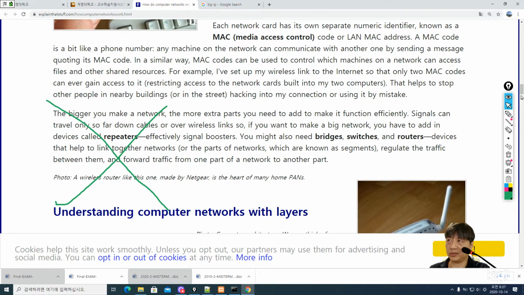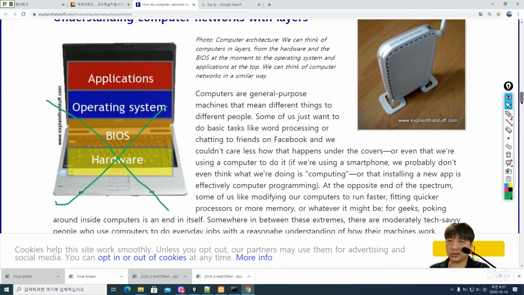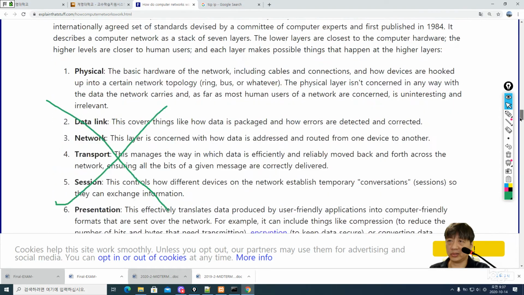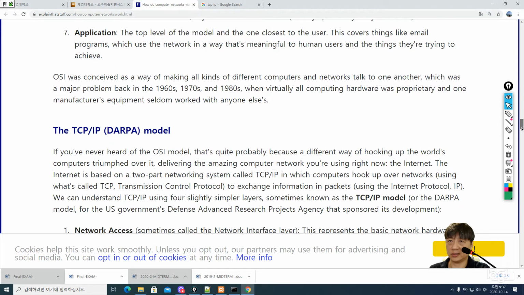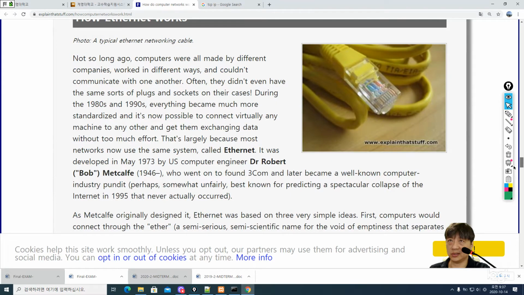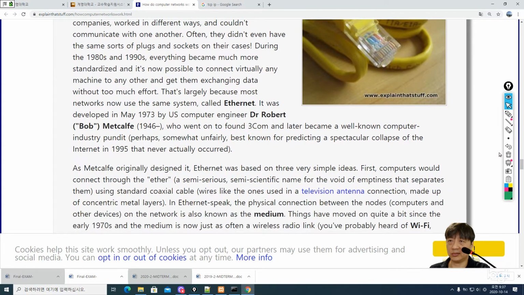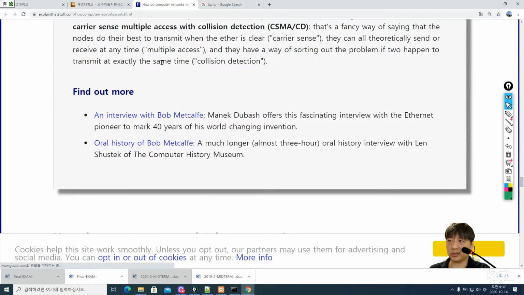If you don't know, look up the pictures of those. Routers, the hardware, the OSI models you should know, and the TCP/IP, of course, layers you should know, and Ethernet, showing the Ethernet. Okay, that's pretty much, I think, about it.